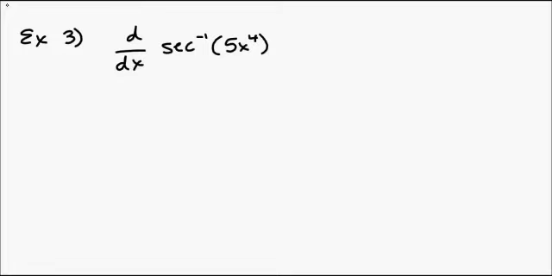Example 3, we want to find d dx of arc secant of 5x to the fourth. So our derivative that we looked at, d dx arc secant u equals, this is a messy one.